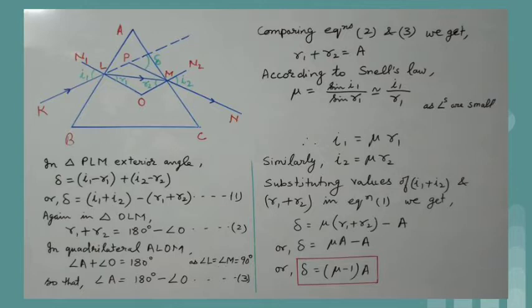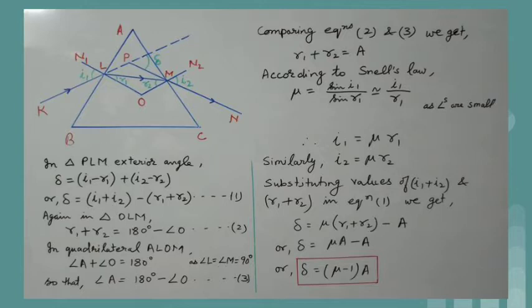According to Snell's law, mu is equal to sine I1 by sine R1, which is nearly equal to I1 by R1 as angles are small. Therefore, I1 is equal to mu R1. Similarly, I2 is equal to mu R2.